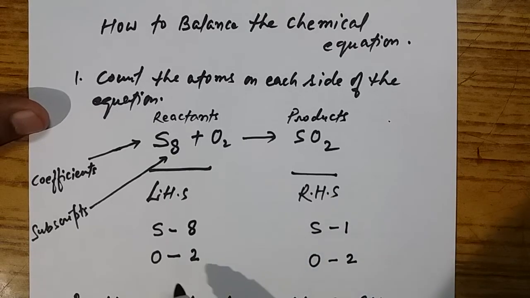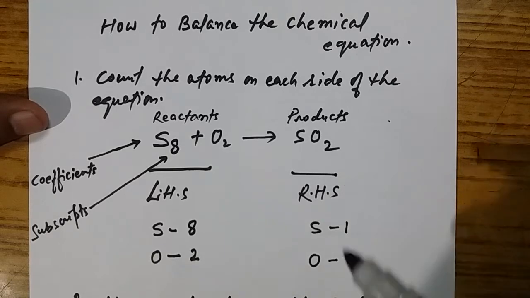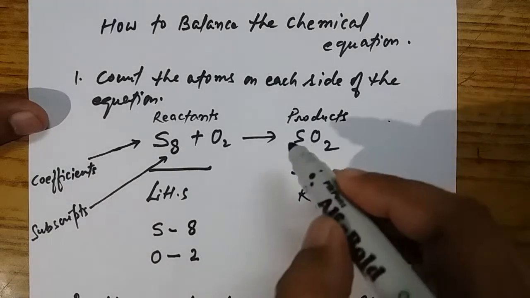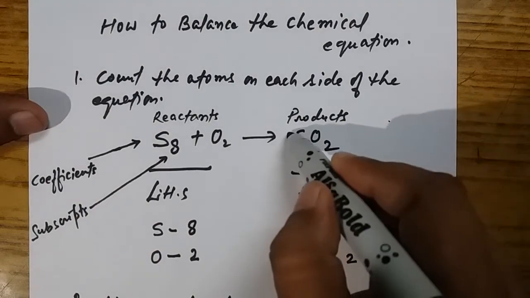Oxygen on both sides is equal, but sulfur on both sides is not equal. Here it is 8 and here it is 1. To balance the sulfur, we have to make it 8, so we can write 8 over here.